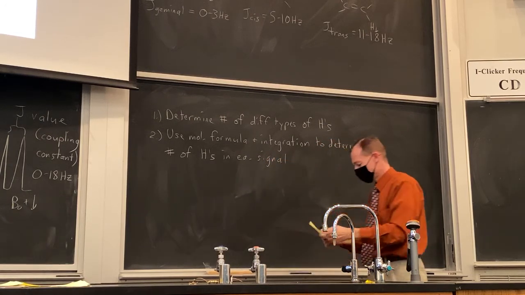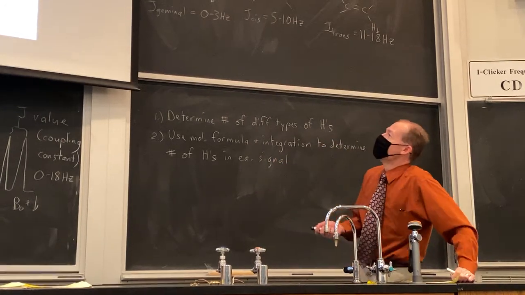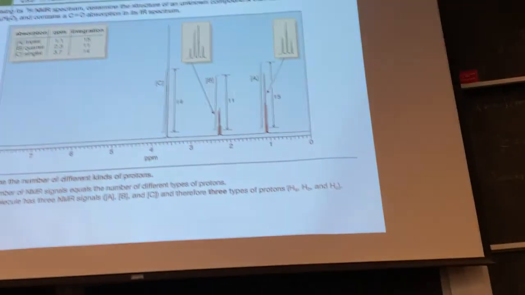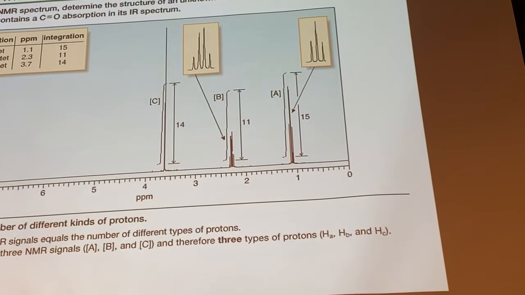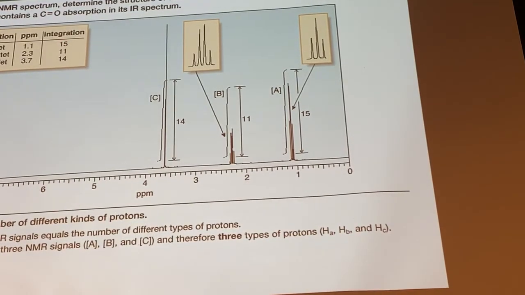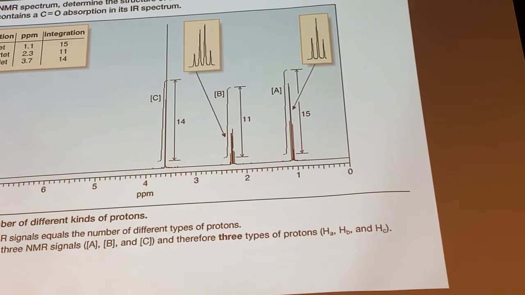Okay? So they've given us a molecular formula. We know we have 8 hydrogens in this molecule. They've given us integration units. We add those up and we get 40. Okay? We don't do a whole lot of math in this class, but hopefully you can divide 40 by 8 and find that there are 5 integration units per hydrogen in this molecule.